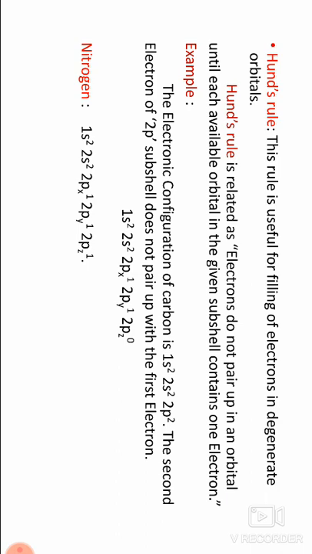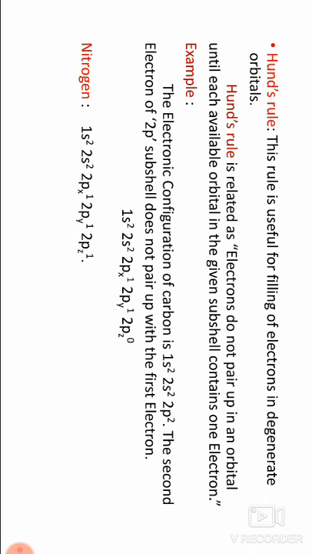Therefore, an electron from 4s orbital is transferred to 3d orbital, so that the d orbitals become half-filled. The observed electron configuration of chromium is 1s2, 2s2, 2p6, 3s2, 3p6, 4s1, 3d5, or Argon 4s1, 3d5. So chromium gains extra stability with d5 configuration.